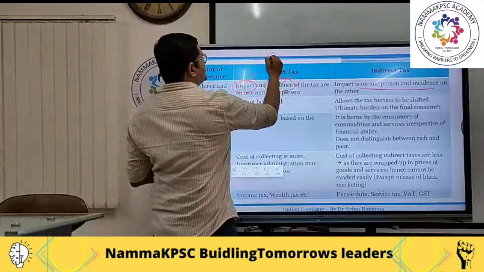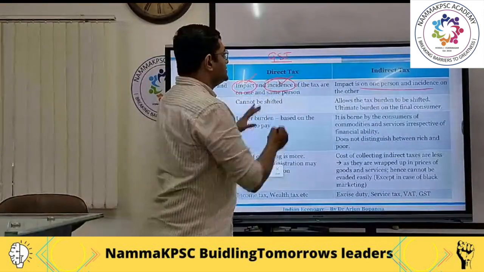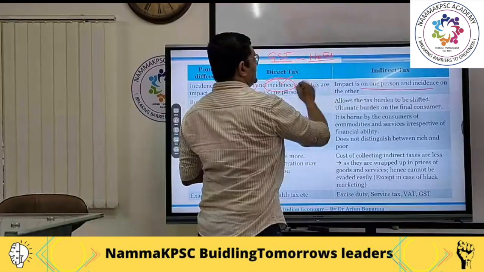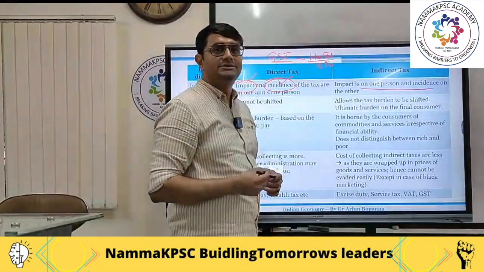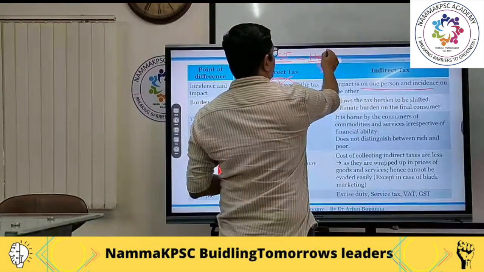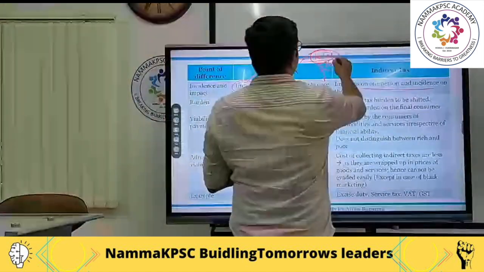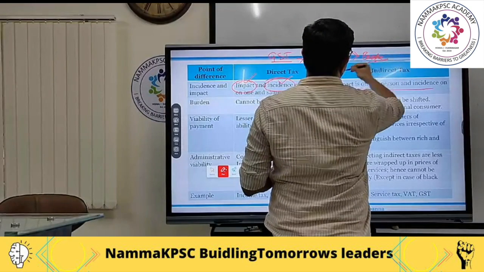As I told you yesterday, GST is an example of indirect tax. The hotel where you go and eat food will charge 5% GST. The government levies the 5% on the hotel, but the hotel then transfers it to the customer, the people who consume food.